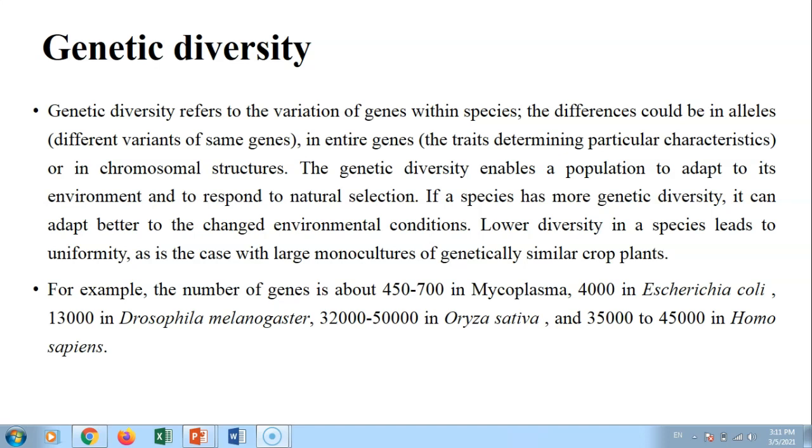So that's why genetic diversity is necessary to survive in the world. For example, the number of genes is about 450 to 700 in Mycoplasma, 4000 in Escherichia coli, 13,000 in Drosophila melanogaster, 32,000 to 50,000 in Oryza sativa, and 35,000 to 45,000 in Homo sapiens, that is human beings.